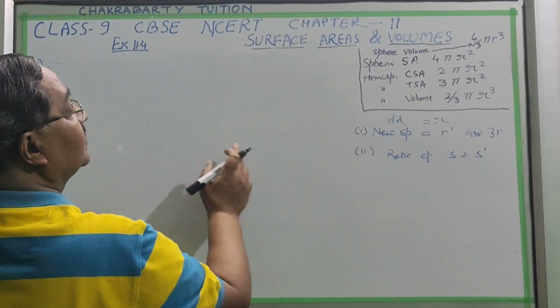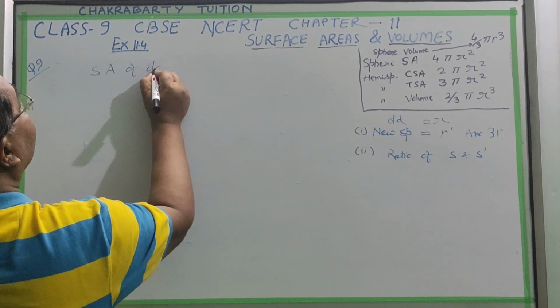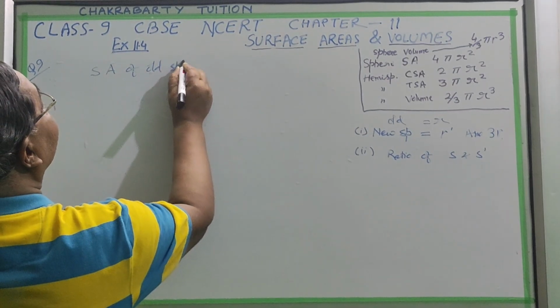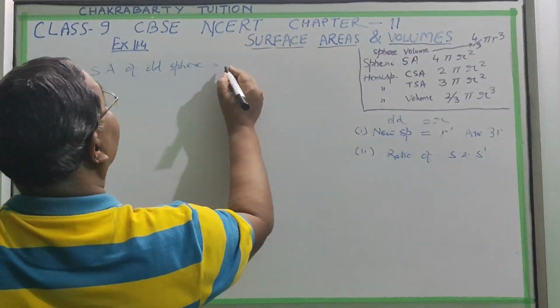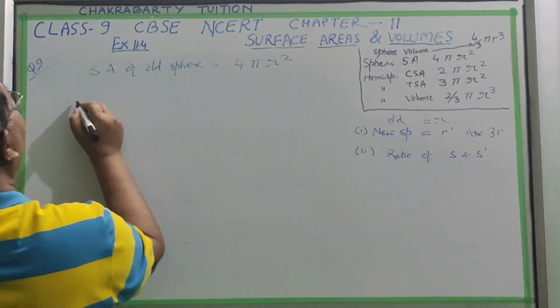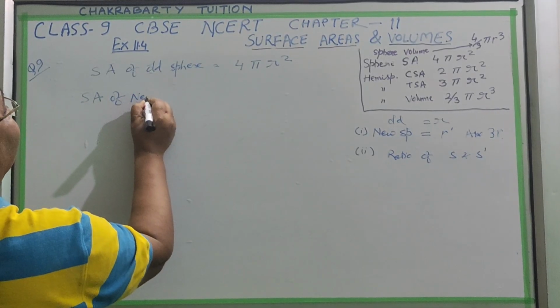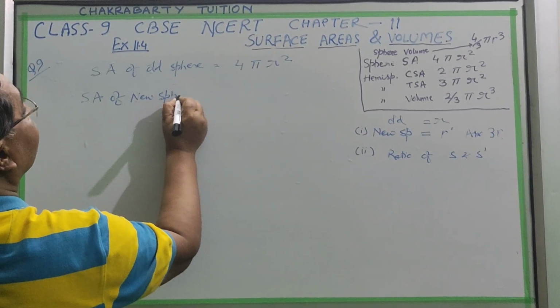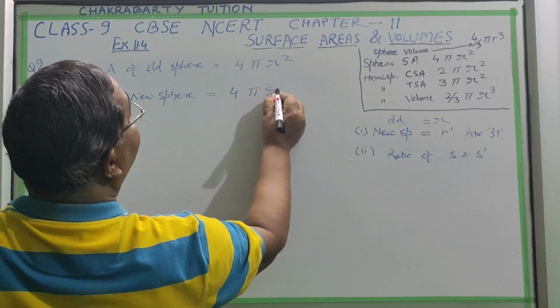Surface area of the old sphere, it was r, so your answer will be 4 pi r square. And surface area of the new sphere will be equal to 4 pi r square.